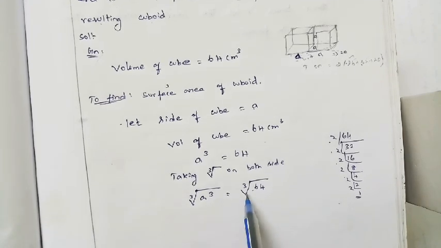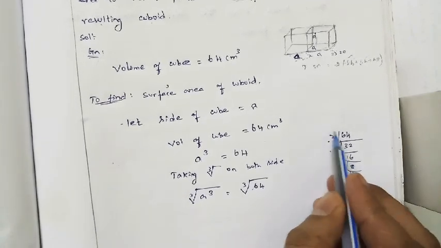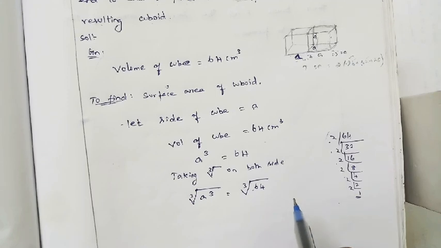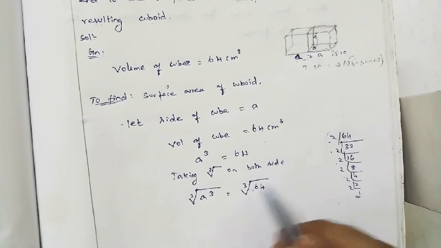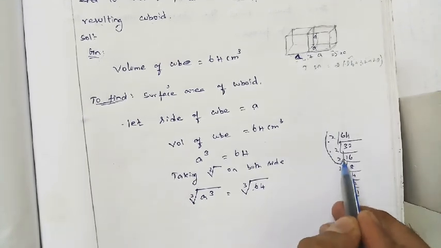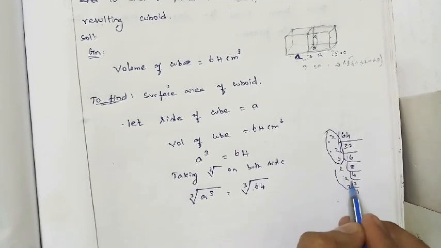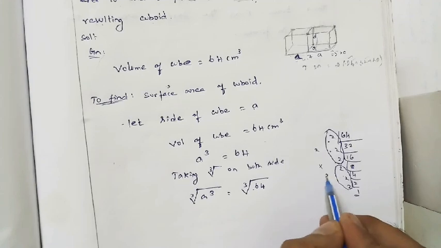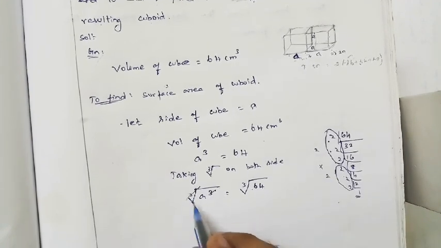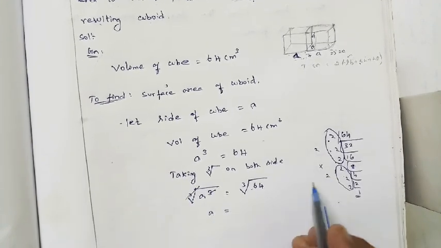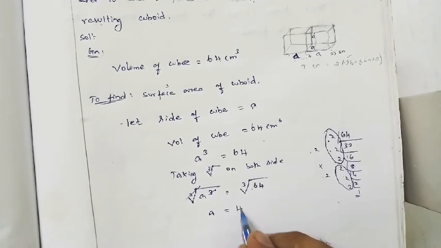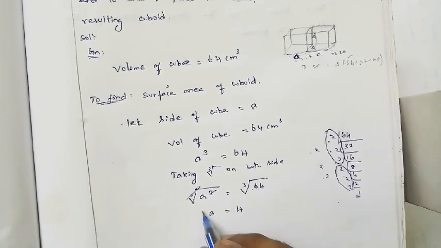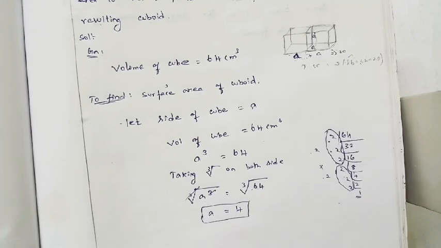For square root, for a double we write it once, but for a cube root, for a triple, for 3 multiples we have to write only once. So 2 into 2, and the cube root cancels A. A is equal to 2 into 2, 4. Cube root of 64 is equal to 4. So A is equal to 4.